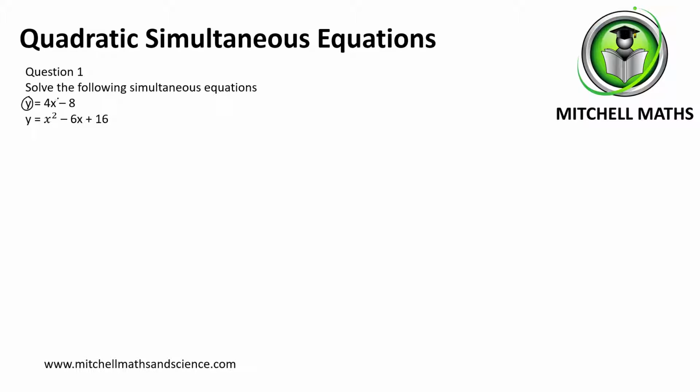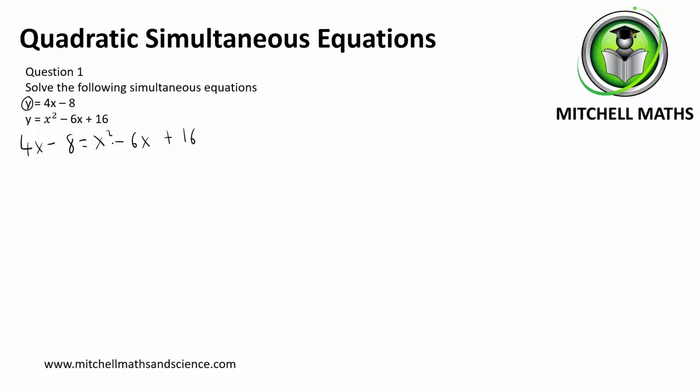Therefore, we can substitute this first equation into the second equation. So we're going to replace y with 4x minus 8. I'll write that below. We've got 4x minus 8 equals x squared minus 6x plus 16.